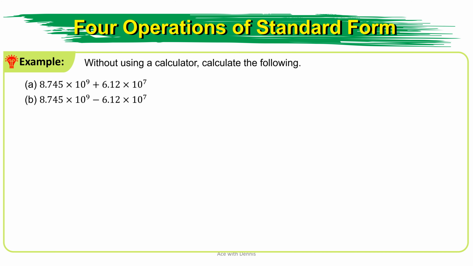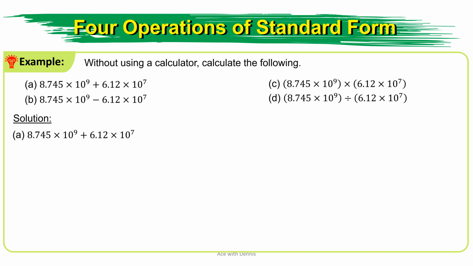B. 8.745 times 10 to the power 9 minus 6.12 times 10 to the power of 7. C. 8.745 times 10 to the power of 9 times 6.12 times 10 to the power of 7. D. 8.745 times 10 to the power of 9 divided by 6.12 times 10 to the power of 7.